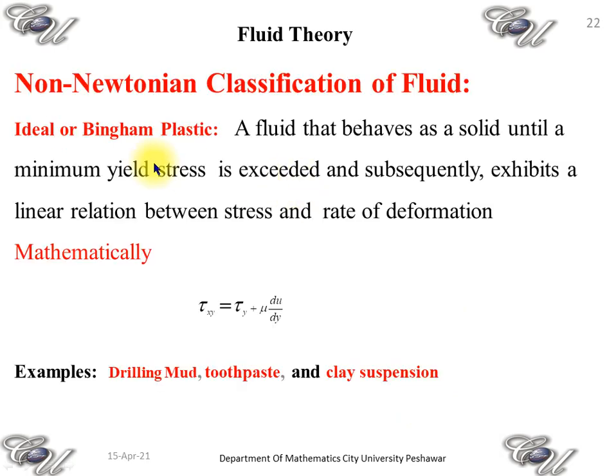Now these are the ideal or Bingham plastic fluids: a fluid that behaves as a solid until a minimum yield stress is exceeded and subsequently exhibits a linear relation between stress and rate of deformation.